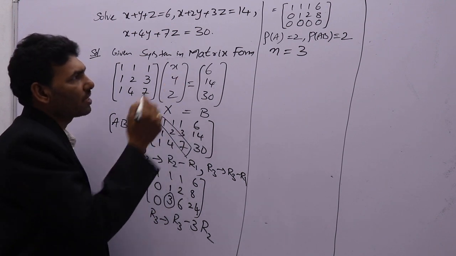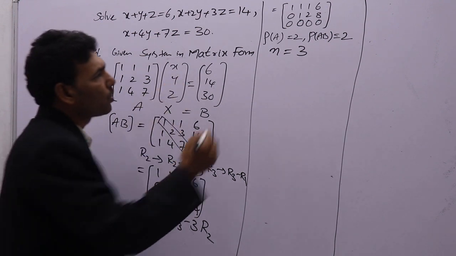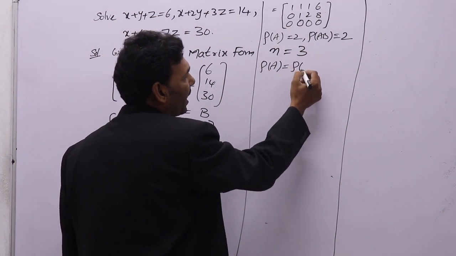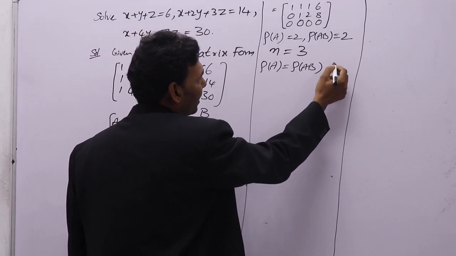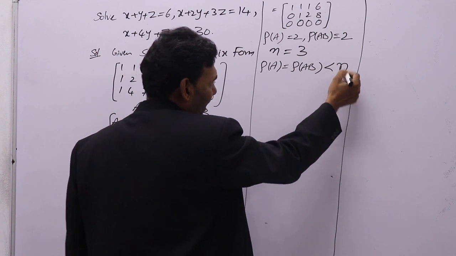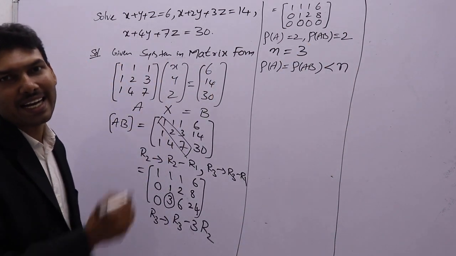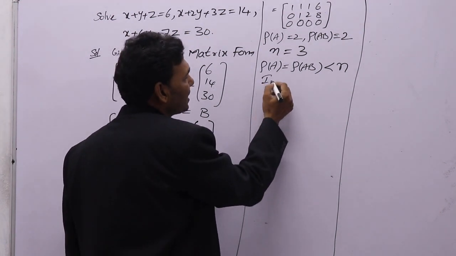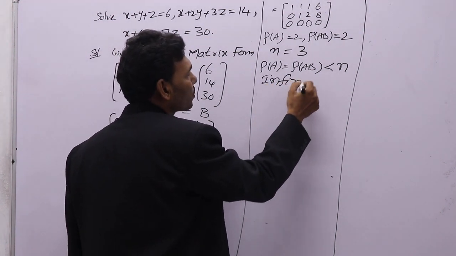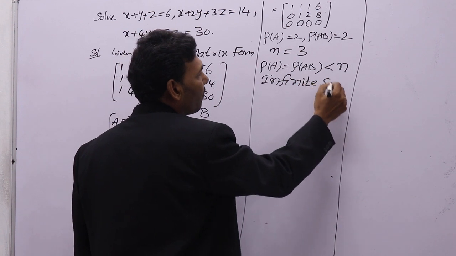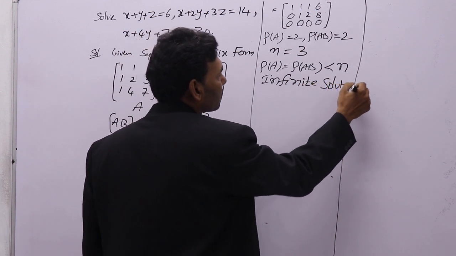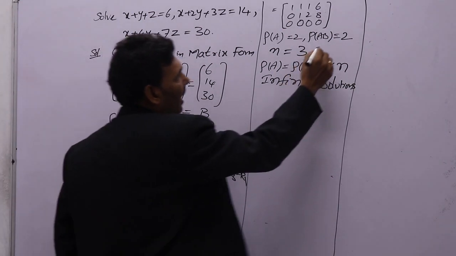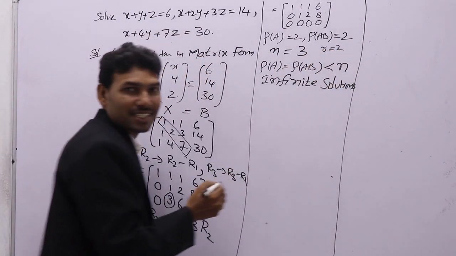Rank is 2, so rank of AB and rank of A are equal but less than n. If you have this condition, as I said just now, the given system has infinite solutions.